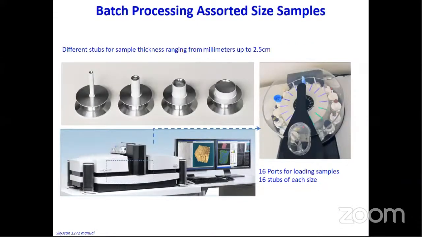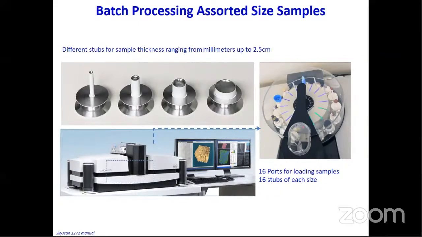Okay, and finally, the last imaging mode. We have a provision of loading samples of different sizes into this automatic changer that is robotically controlled, and you will be able to load samples in the millimeter range using the leftmost stub that is indicated with the long pole, and a large sample, something like a mouse femur or a rat skull and things like that, on the rightmost stub, and you can load all of them in the automatic sampler.